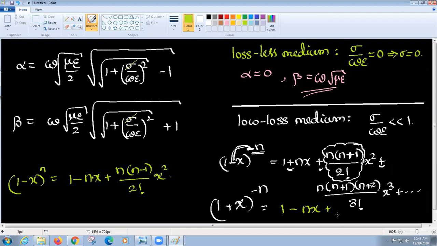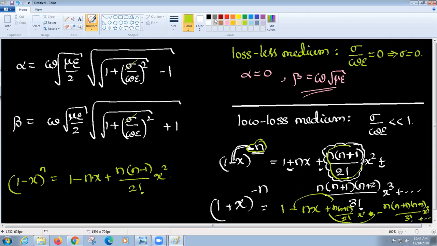Already I told you, whenever you have a negative exponent, always take the coefficients like this, positive. So you get n into n plus 1 by 2 factorial x square, into x. Now this is minus, plus, again minus. Now again n into n plus 1 into n plus 2 by 3 factorial x cube and so on.